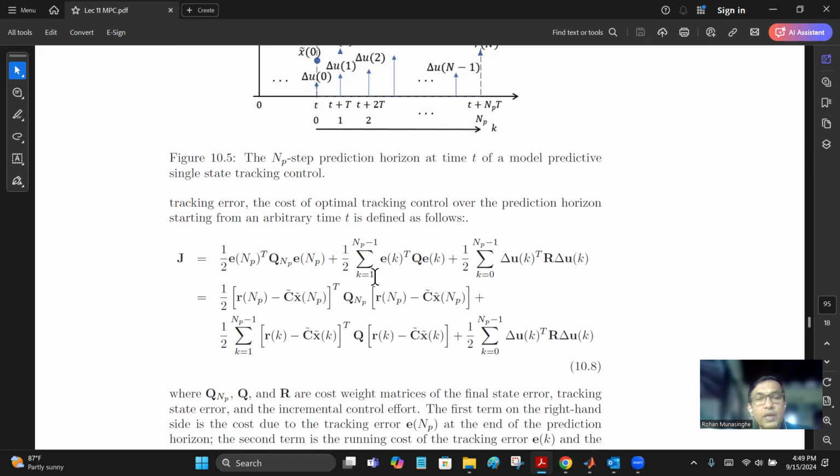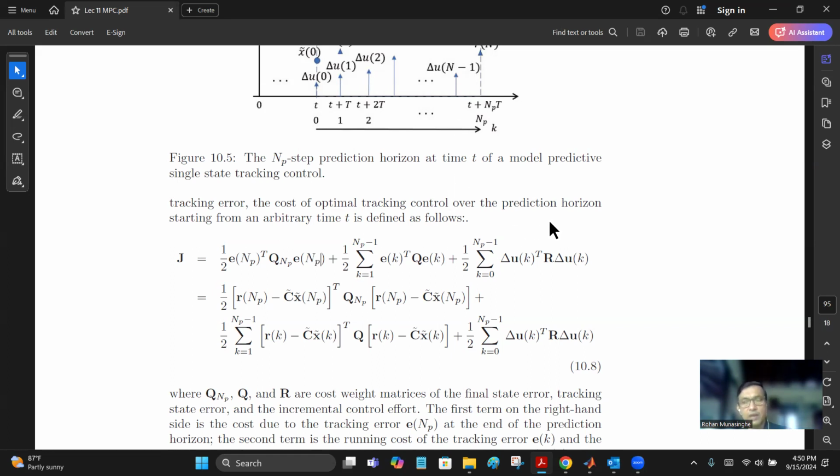Then from k=1 to NP minus 1 is the running cost: all the errors in the process up to that point, and all the delta U control signals, delta U0 to delta U NP minus 1, one step before.